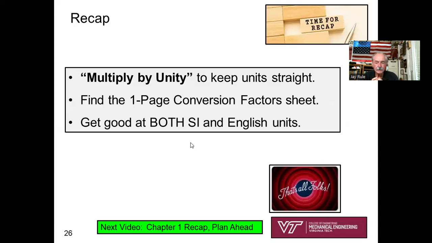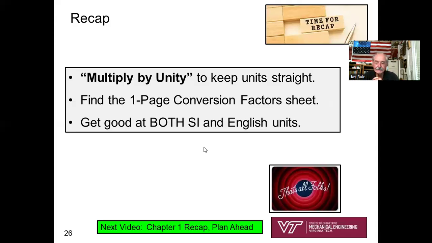Certainly there are instructors that might be 50-50. There may be some instructors that might go 90% SI and 10% English, but you will discover that as you go along.